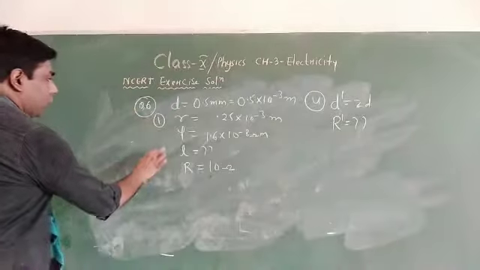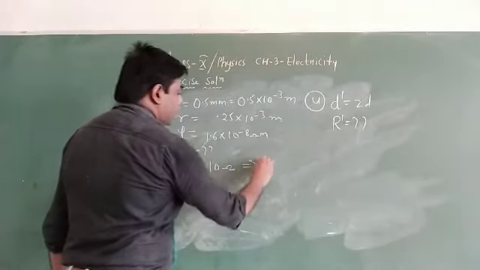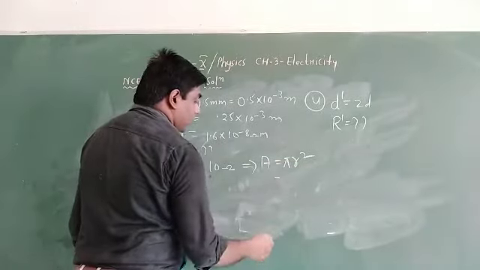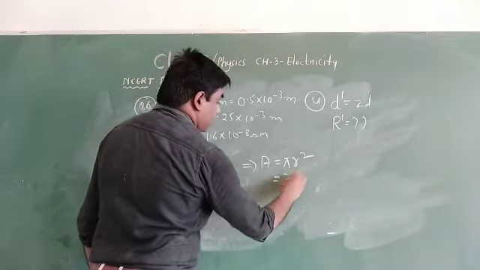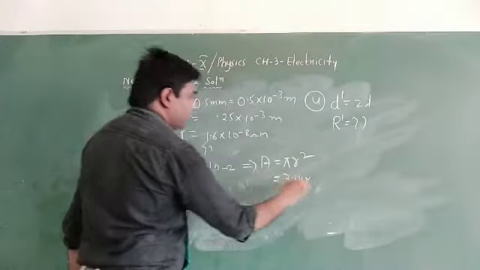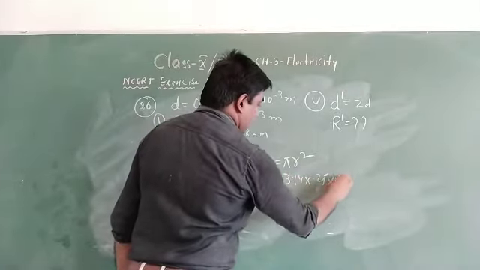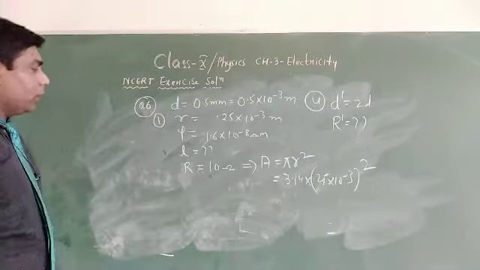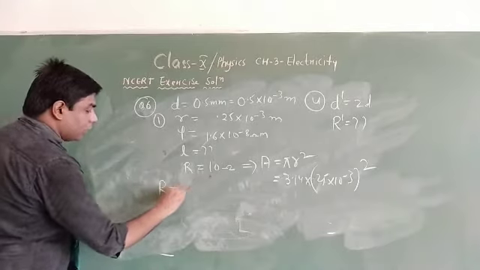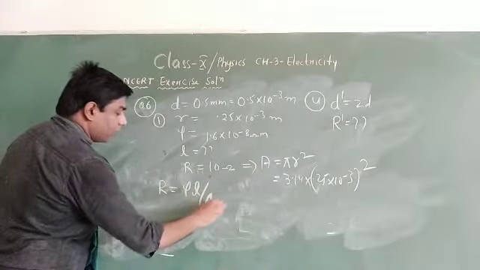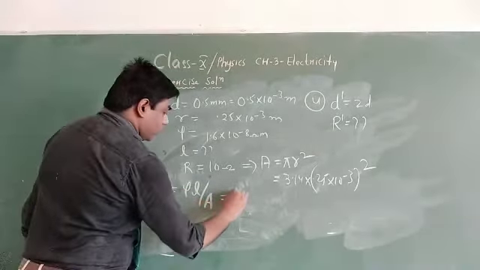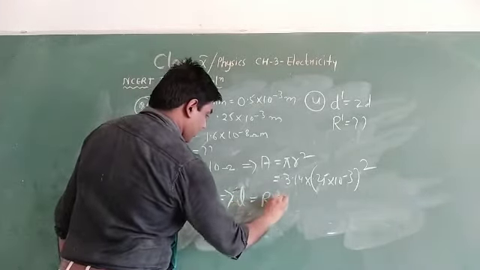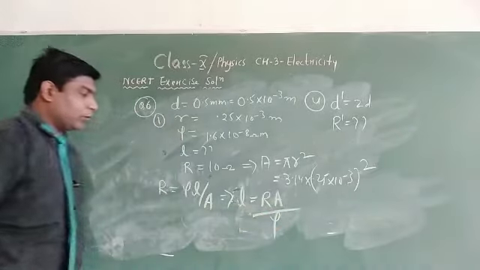So first let us solve this. You know, area is equal to pi r square, right? That is where we calculated the area, and you know r is equal to root of L by. R is how much? 10.